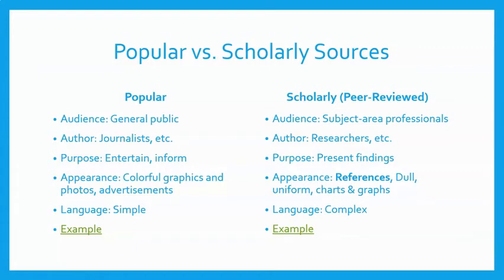The popular sources are going to be things like magazines, newspapers, things that you would see in the grocery store checkout line, or most of what's shared on Facebook and Twitter as news articles. Those are written for the general public, so they're easier to understand. The language is written in a way that the average high school graduate can understand it, and you don't have to be an expert on that subject to know what's going on.